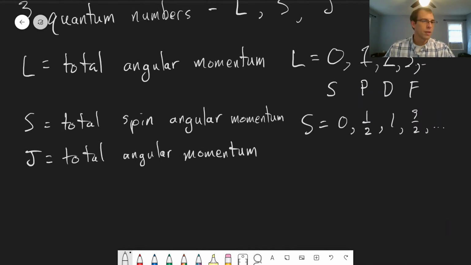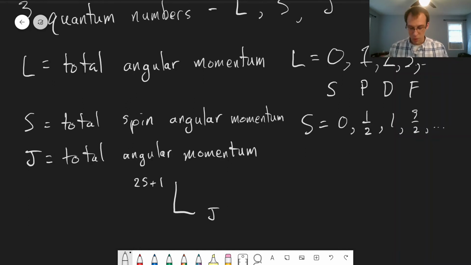All right. So the notation that's used to write our term symbols is that we write the term capital L, and in a superscript to the left of it, we write 2 times capital S plus 1, and in a subscript to the right, we write J. This is the notation that we use to label electronic states of multi-electron atoms.